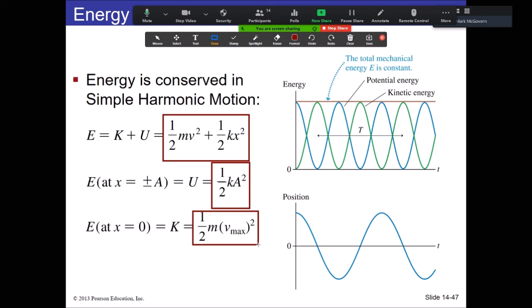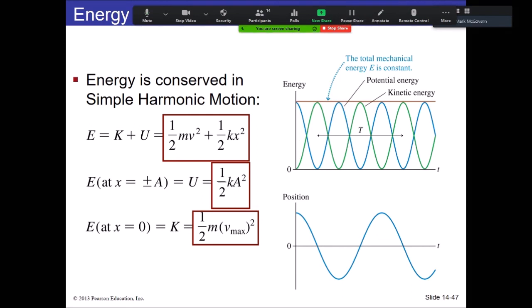So you can equate any one expression with another, and that's how we generally solve energy conservation problems: we equate one of these with another to solve for something that's missing.